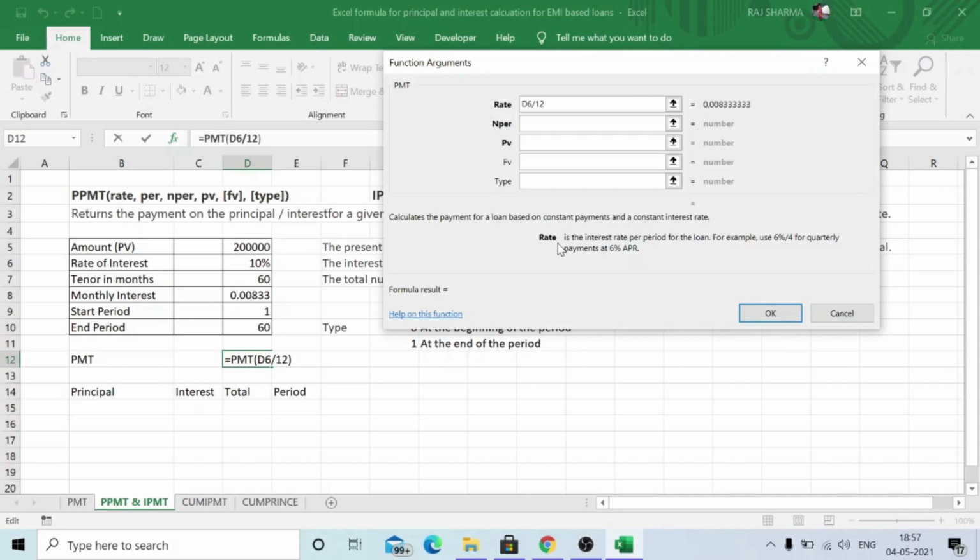Here it is also written, rate is the interest rate per period. So per period is 12. If the repayment is quarterly, then we have to divide it by 4. Then NPER is the total number of payments of the loan, that is 60, and present value is 2 lakh. Future value we will keep blank, and for type we are choosing payment at the end of the period, and then we enter it.